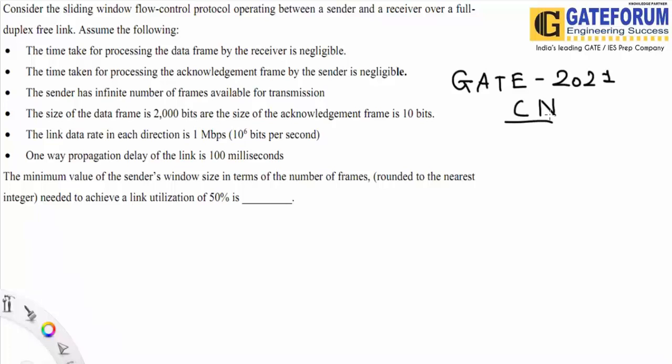Consider a sliding window flow control protocol operating between a sender and a receiver over a full duplex link. So I have a particular sender and a particular receiver. Between them, I have a full duplex link and I am using a flow control based strategy.